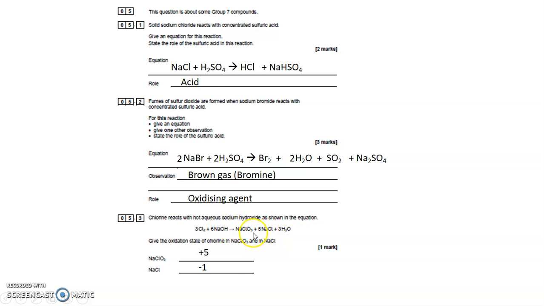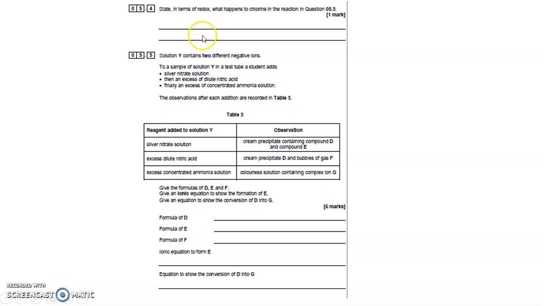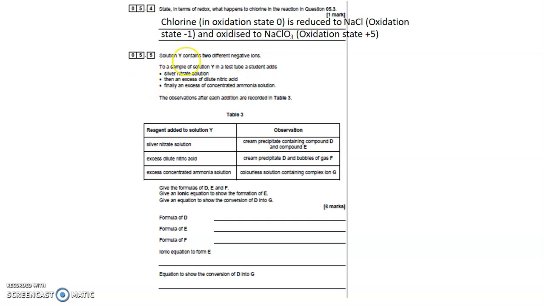So it's been oxidized and reduced. And that forms the next part of the question. What's happened to the chlorine? Chlorine in oxidation state 0 is reduced to NaCl, gone down to oxidation state -1, and it's been oxidized to NaClO3. Disproportionation, that's called.